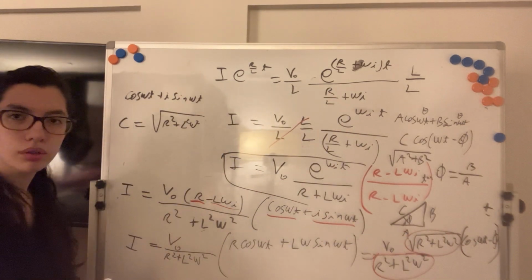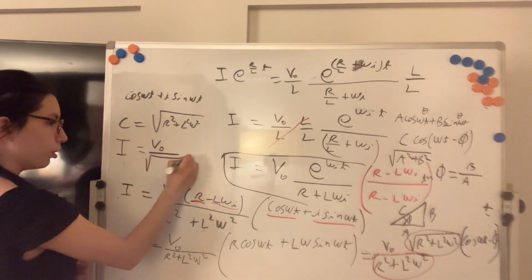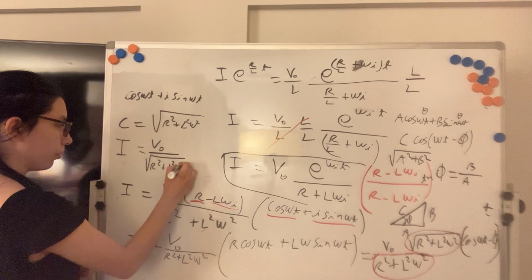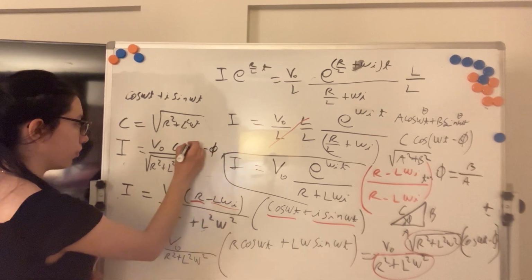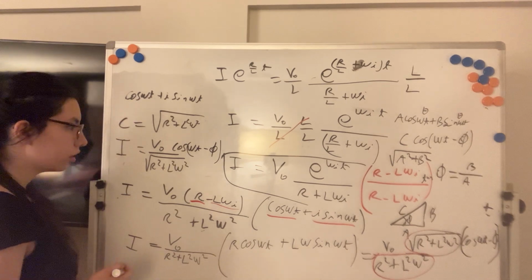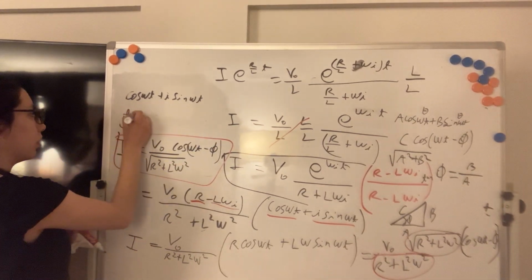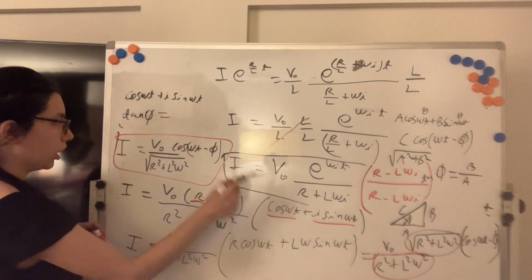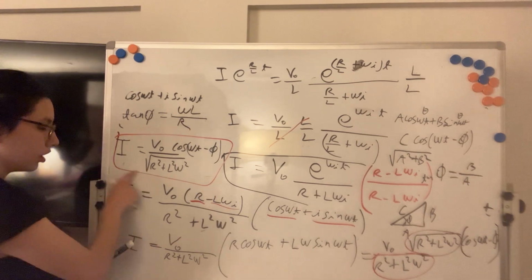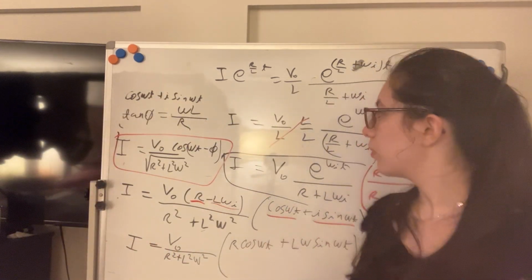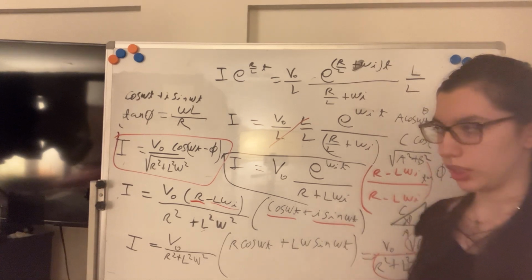So we could say that the current is equal to the voltage over the square root of R squared plus L squared omega squared times cosine of omega t minus phi, with tangent of phi being omega L over R. So now this is the solution to the differential equation of a LR circuit with alternating current from the Cartesian way, and now we're going to do it in the polar way.